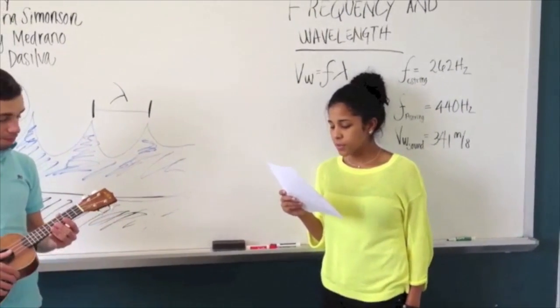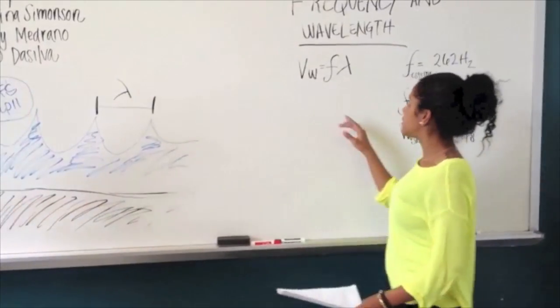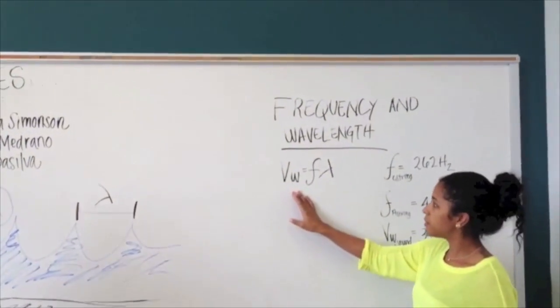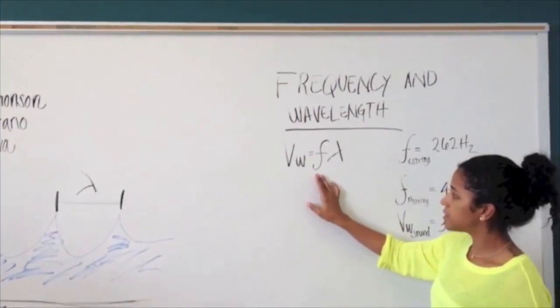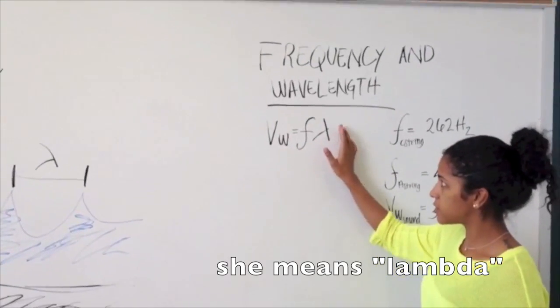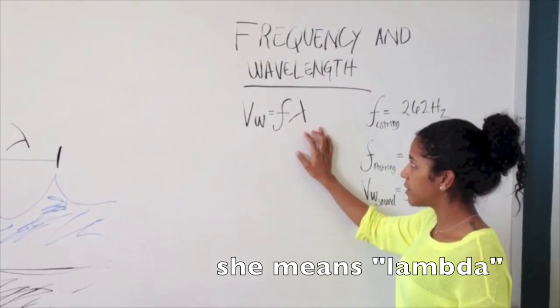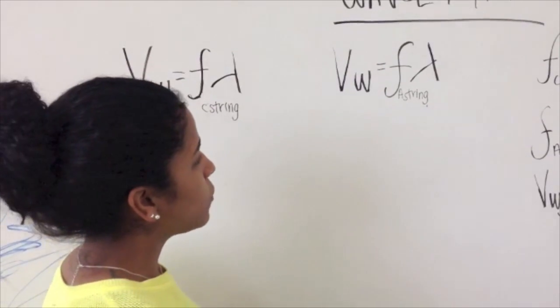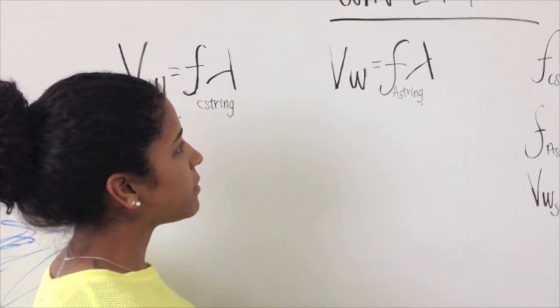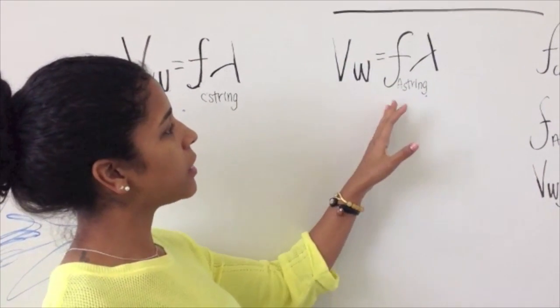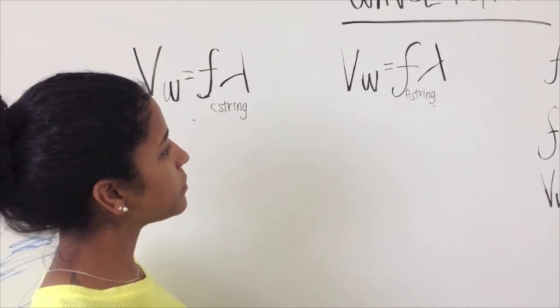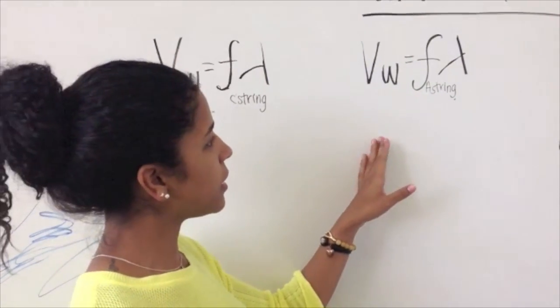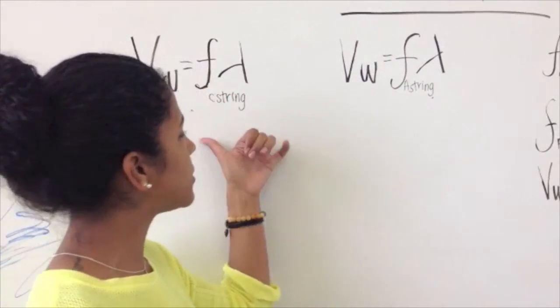The relationship between frequency and wavelength is given by the speed of sound equals frequency times wavelength, v = fλ, where lambda is the symbol for wavelength. We're going to figure out the wavelength of the A string and the C string.